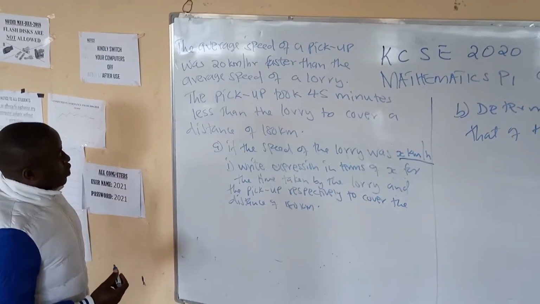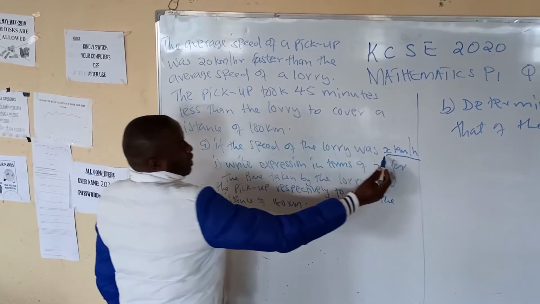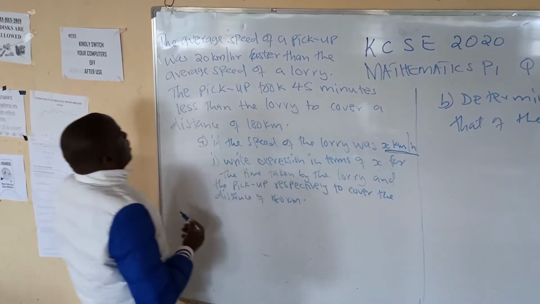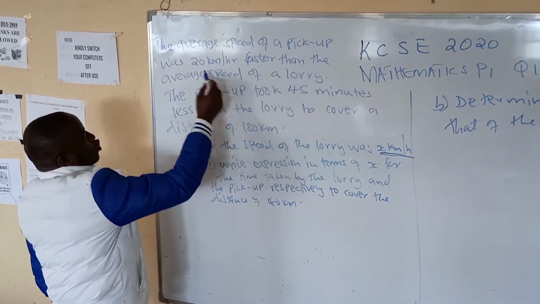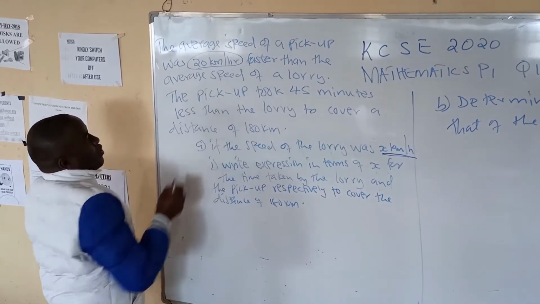Now, what you need to note here is that the lorry is x kilometers per hour, and you are told that the average speed of the pickup was 20 kilometers faster.